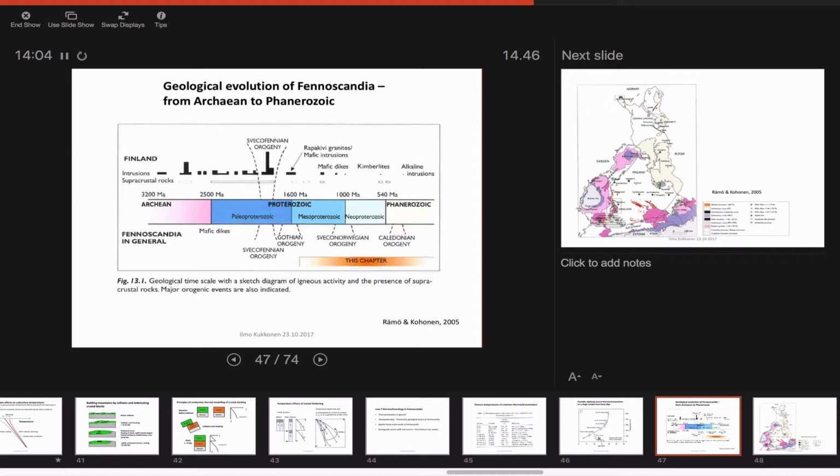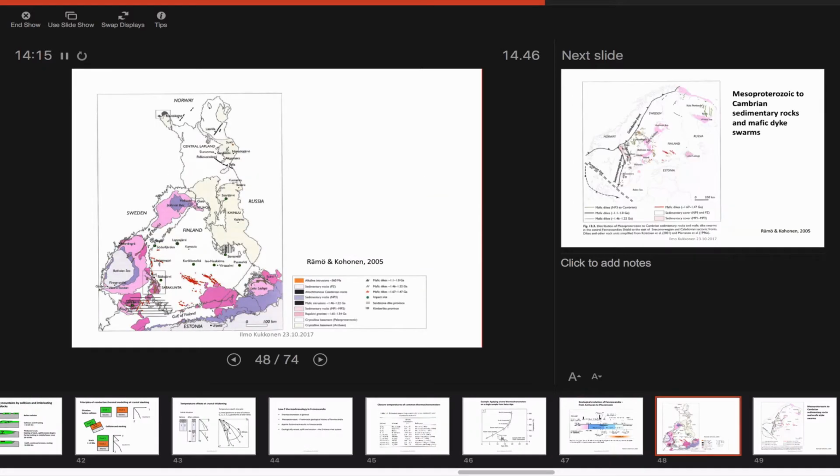This figure and many others I've taken from Rämö and Kohonen, from their compilation in this book on Fennoscandian geology. On the geological map, the white area and the yellowish tone correspond to the Proterozoic, lower Proterozoic and the Archean rocks.